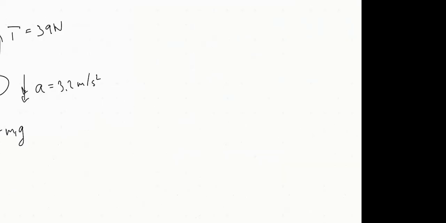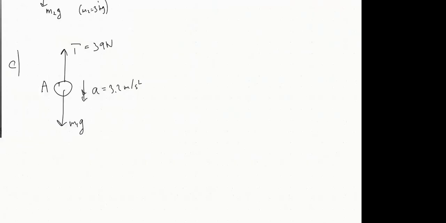We have M1G, and we know that the acceleration is down, and it is 3.2 meters per second squared. So we write Newton's second law again, like nothing new. Newton's second law says that mass M1 times acceleration is the resultant force, which is M1G minus T.